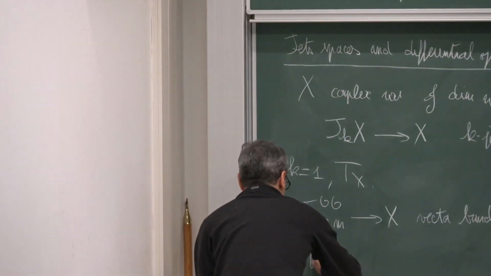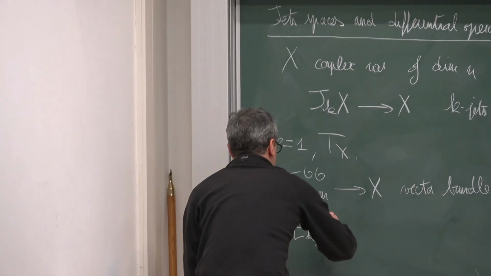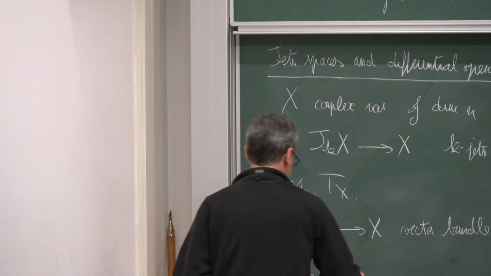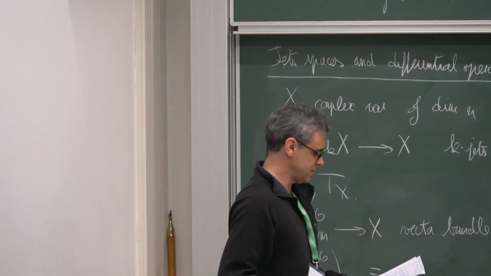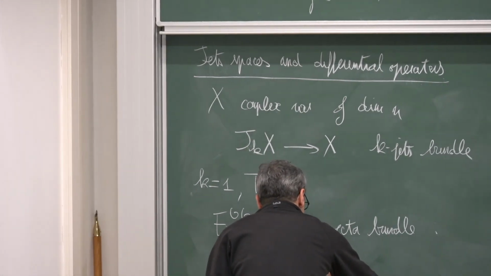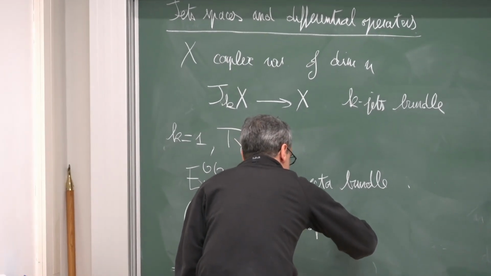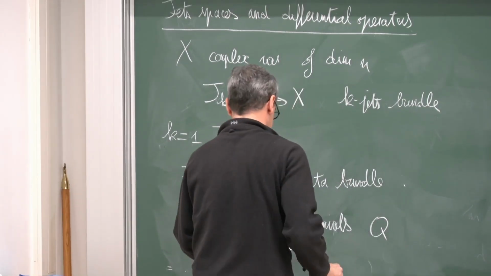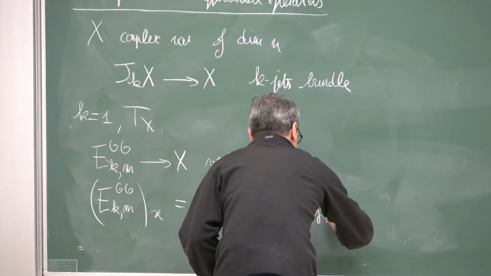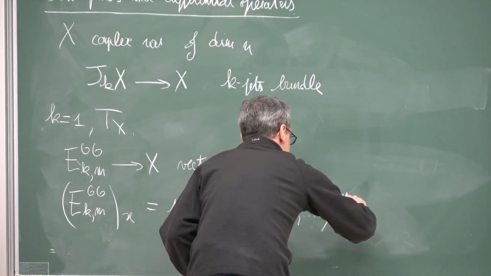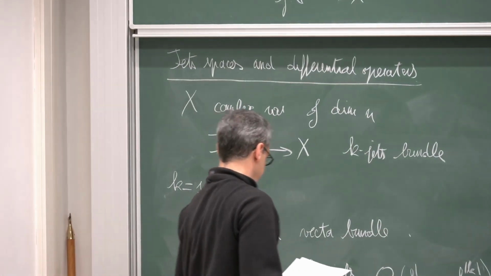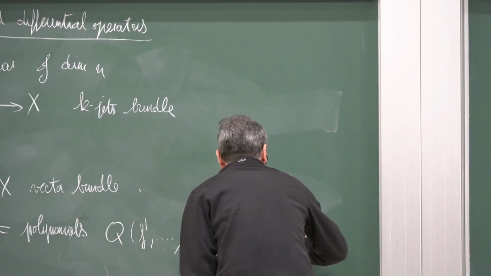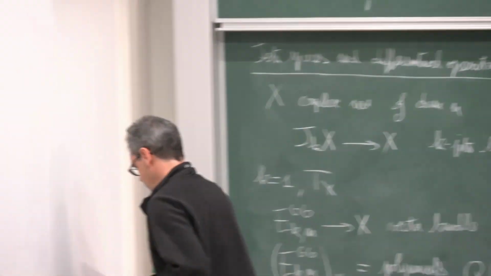So if you consider a local section at a point x, this is just, by definition, polynomials on the jet space at x.